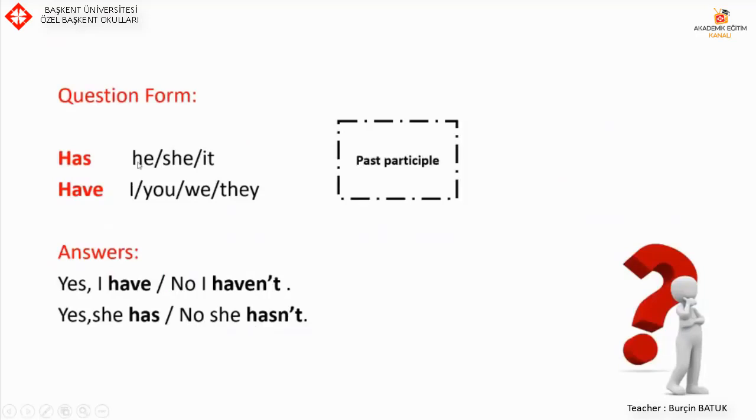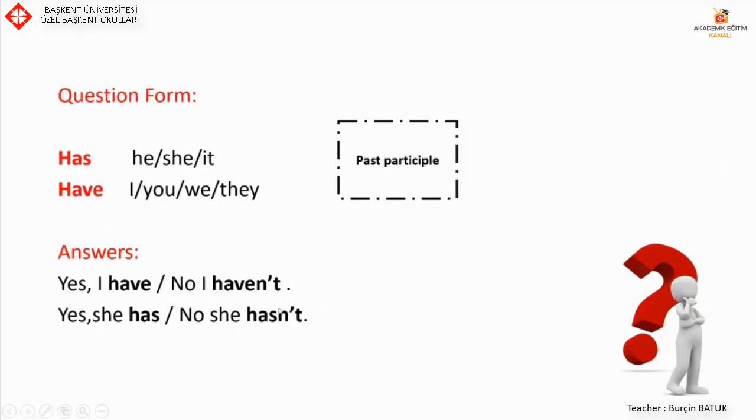And the question form, we need to write have and has at the beginning of the sentence for the questions. And of course, after the pronouns, we need to use the past participle form of the verbs. And answers are like this. Yes, I have, no, I haven't.